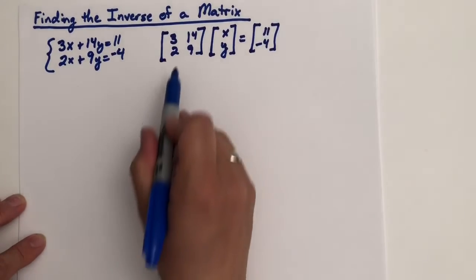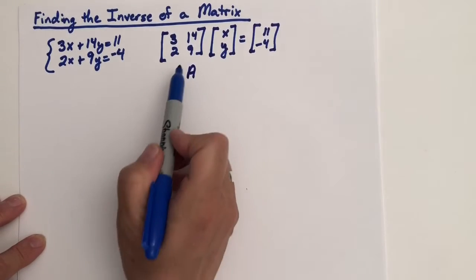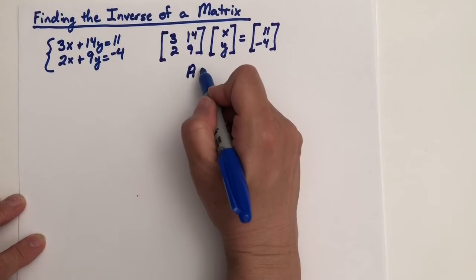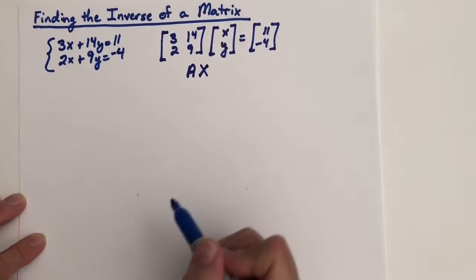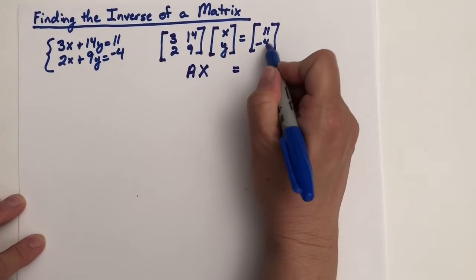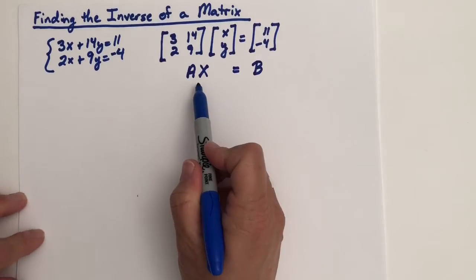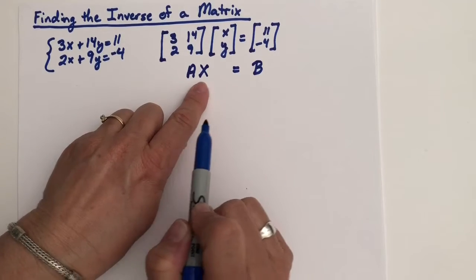Now if we write these matrices as A for the matrix of coefficients of our variables, and capital X, which represents the matrix that contains our variables, and that equals B, those are our constants, we have an equation that we would like to solve for X.